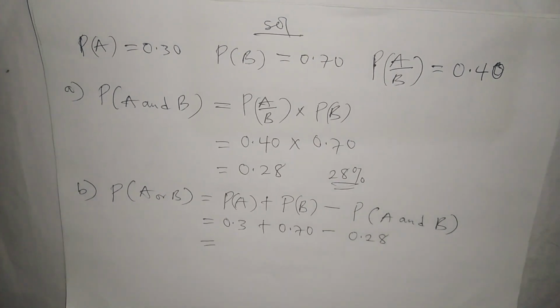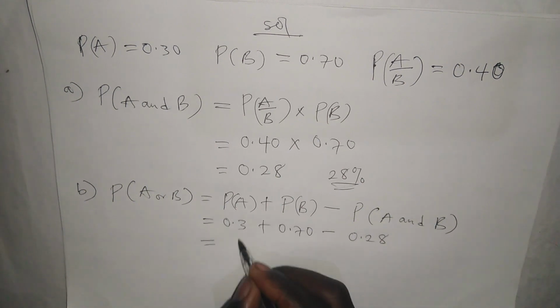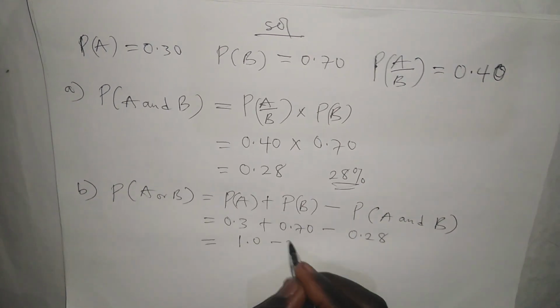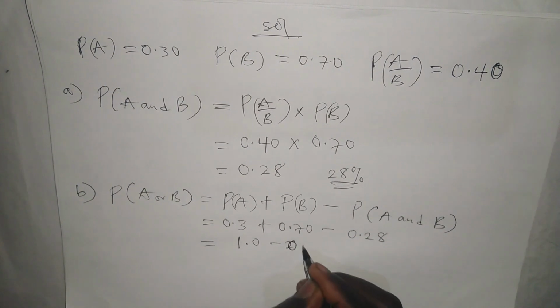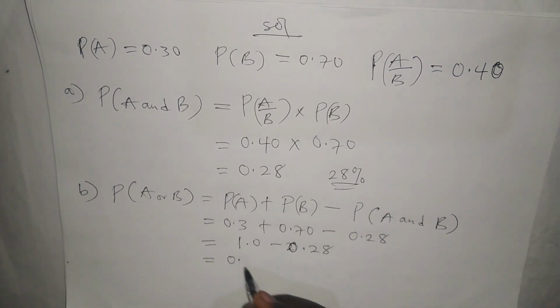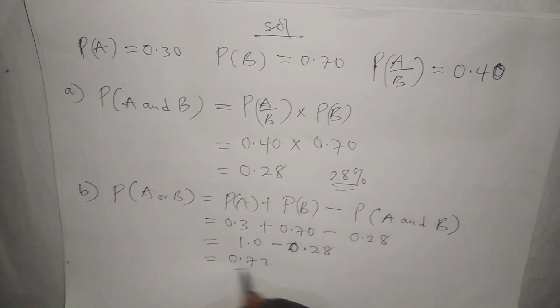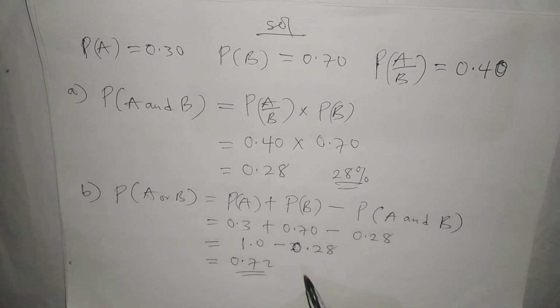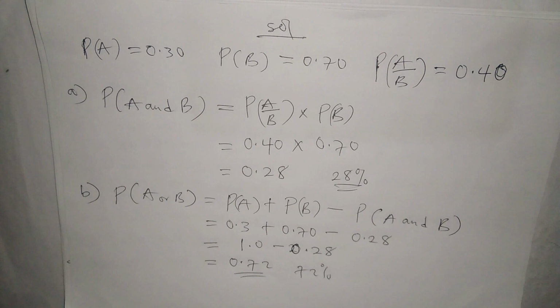Now 0.3 plus 0.7 is equal to 1.0, minus 0.28. Therefore, what we'll have is 0.72. When you multiply this by 100, you have 72%. So there's a 72% chance that she will enroll in an algebra or biology course.